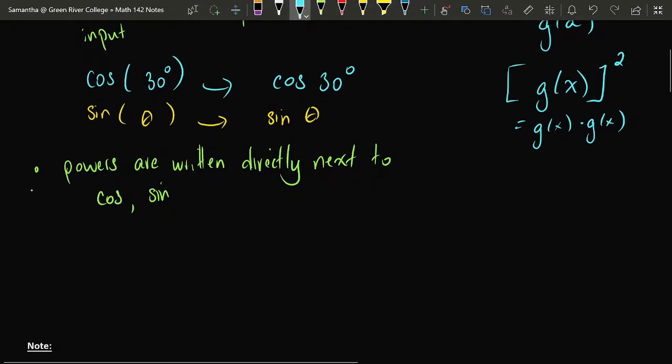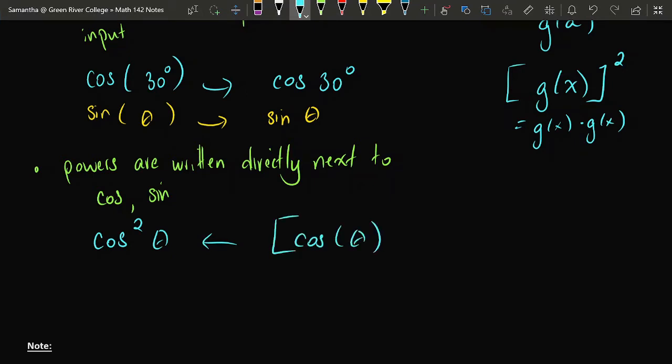So if you see something like cos squared theta with no parentheses, this is the special notation for what would more traditionally be written as cosine parentheses theta parentheses with a square. Cosine of theta multiplied by cosine of theta.